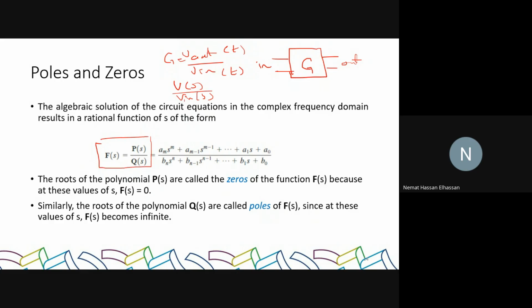These are called zeros of a system. So zeros of a system are values of s that will cause this entire transfer function to be equal to 0. Why is it important?